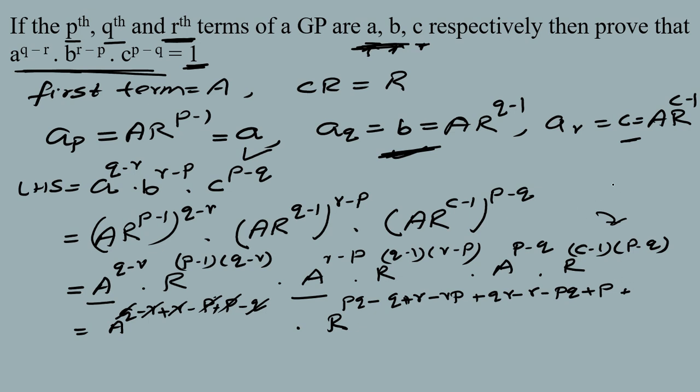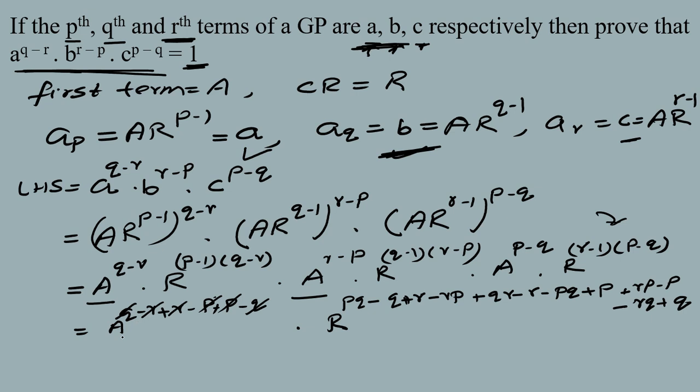Why is it written C minus 1? No, it is the rth term. Yes, so it will be R minus 1. See, by mistake I wrote that. If you keep an eye on the last term, what you have written, you can find the mistake also. So R minus 1, hope it is correct now. R here also. Okay, so RP minus P minus RQ plus Q.